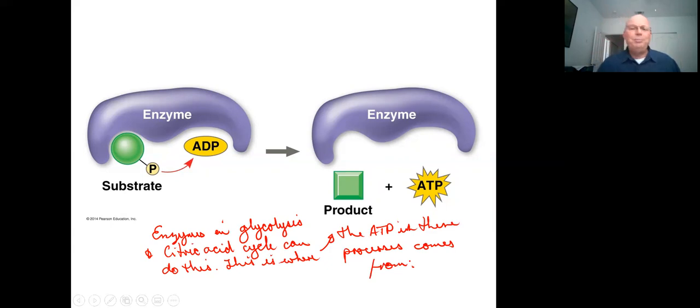This is where the ATP in glycolysis and the citric acid cycle come from. This ability of the enzymes in these two processes to actually transfer a phosphate group from an existing organic molecule onto ADP to create ATP. Doesn't make a lot of ATP, but for some organisms, as you'll see, particularly those that do anaerobic respiration and fermentation, this is all the ATP that they can make. If they're relying just on glycolysis, this is their only source of ATP. It's not much, but it's better than nothing.